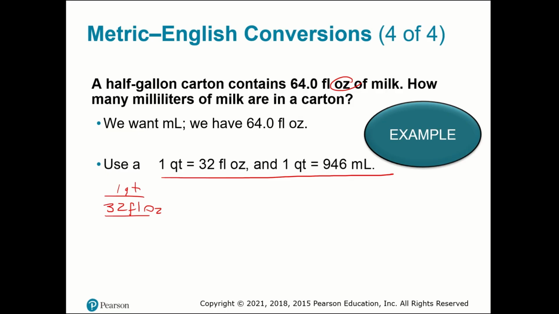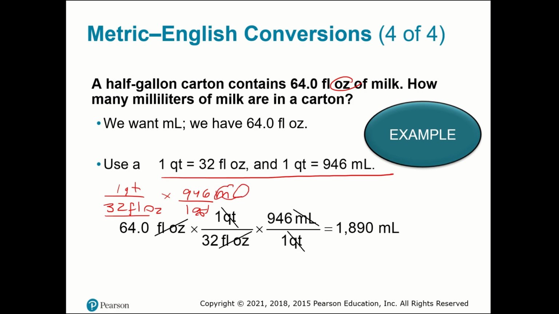And then if I have a quart and I want milliliters, the quart must be down here and the milliliters up here, because this is the unit I want. Okay, so they're giving that and this, and then we can get our answer. So we multiply 64 by 1 by 946 and divide by 32.